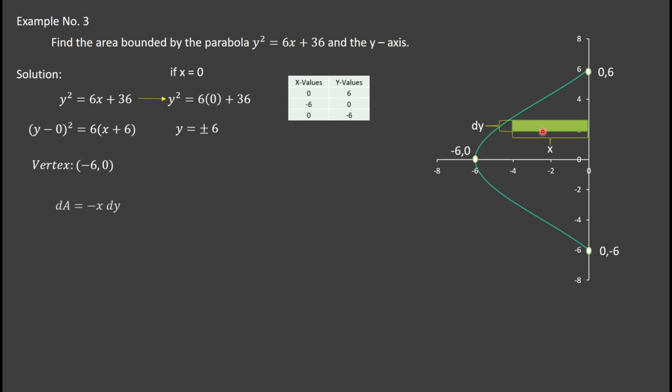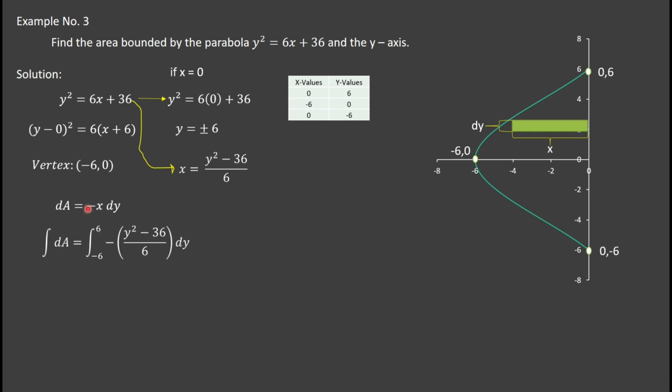Now dA is equal to negative x dy. Take note that our x here is equal to y squared minus 36 over 6. So the integral of dA is equal to the negative of the quantity y squared minus 36 over 6 dy.